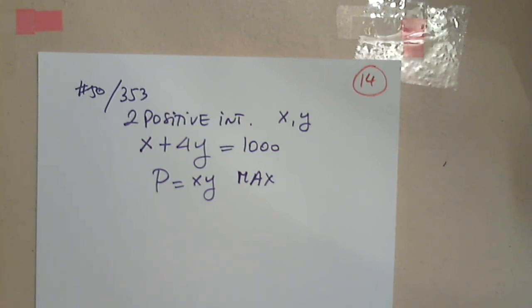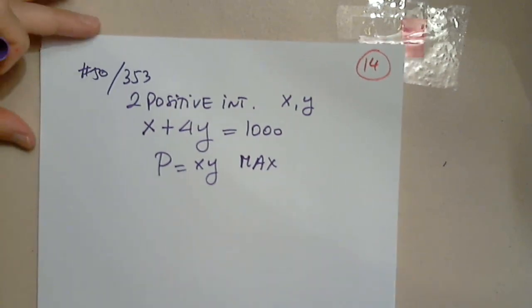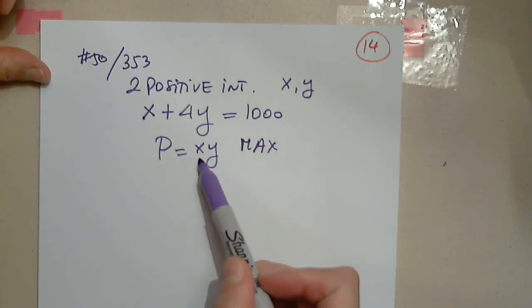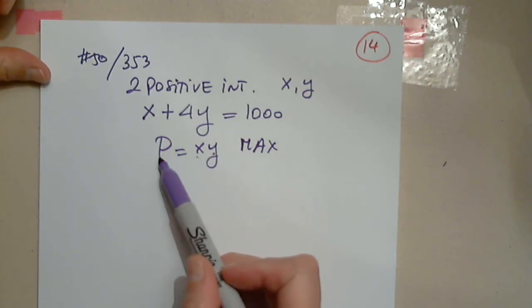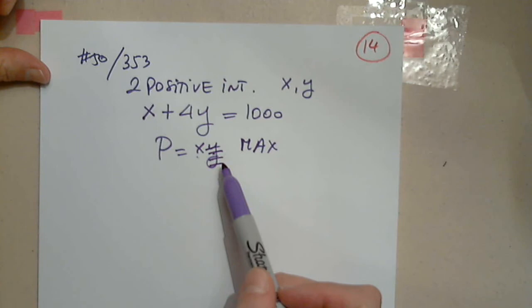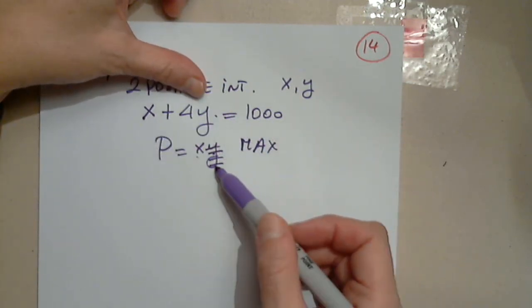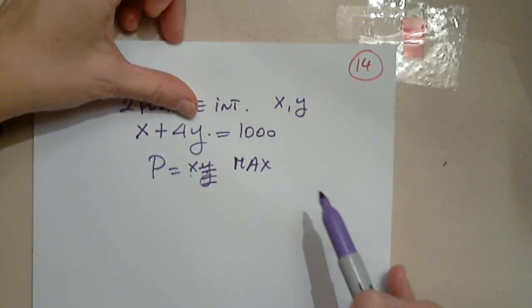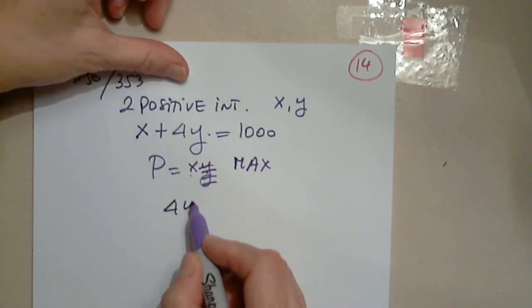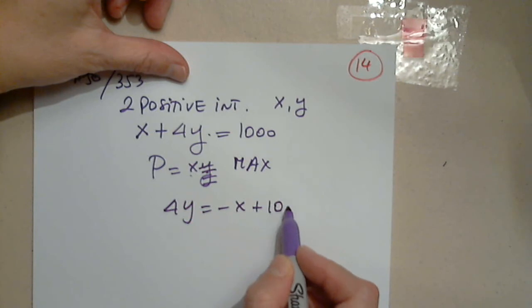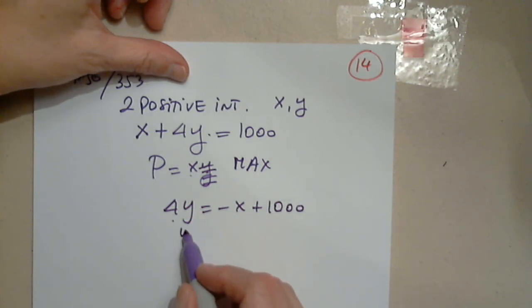Okay. So obviously, like before, we have two variables in a function. I have to get rid of one of them. I will be using this equation to solve for y. How do I do that? I subtract x and I divide by 4.